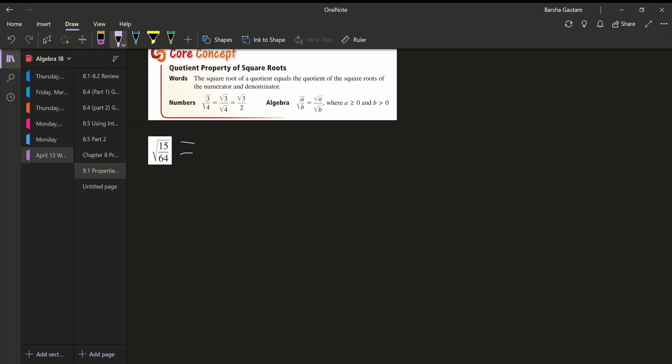So what we're going to do here is separate it out again. We're going to separate the top part, root 15, and give each, the top and the bottom, its own root symbol. So we have root 15 and root 64.